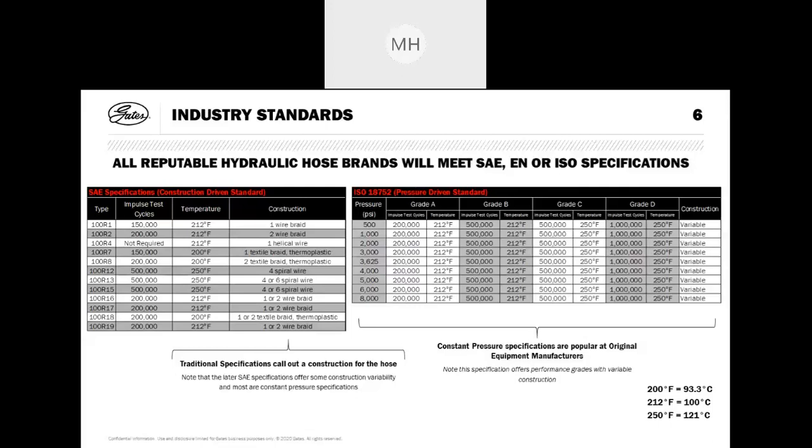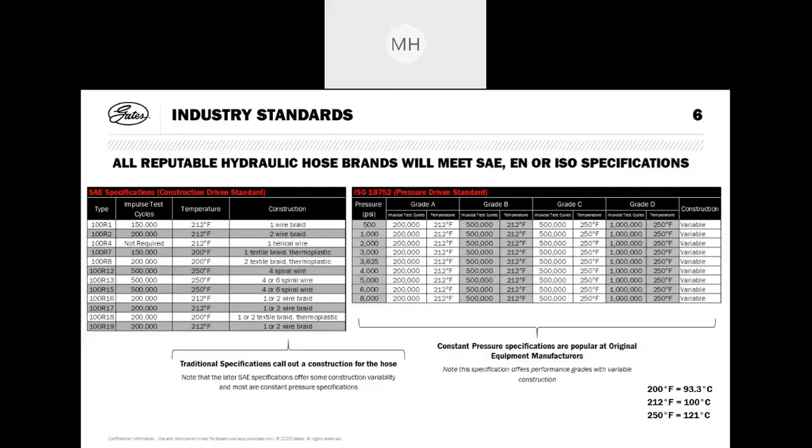Whereas we look at the ISO standard, the performance is confirmed and the different grades for the impulse testing. The pressures are confirmed for what they need to meet, but the construction is variable. So it gives the manufacturers a larger scope on what they can do to meet those requirements.